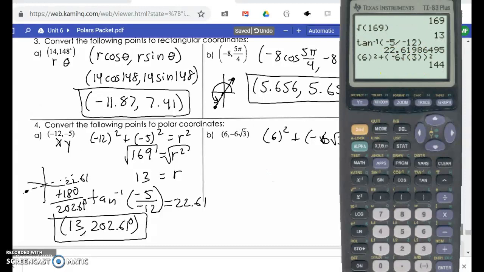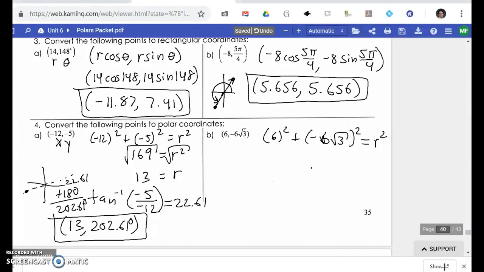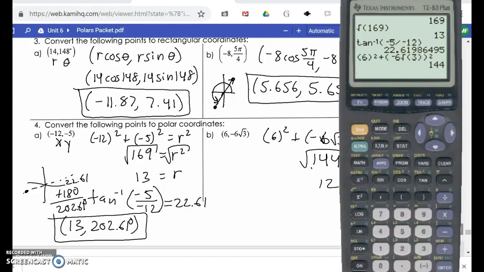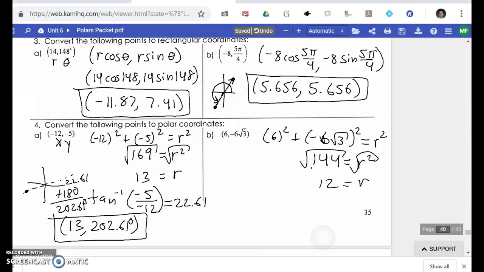If I hit enter, I get the number 144. So I need to know, when does 144 equal r squared? You take the square root of both sides, and you will get that r is 12. I'll show you that. Square root of 144, and indeed I get 12.